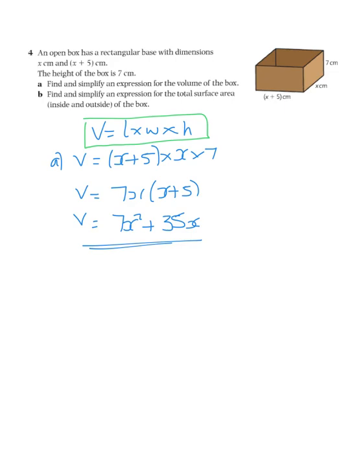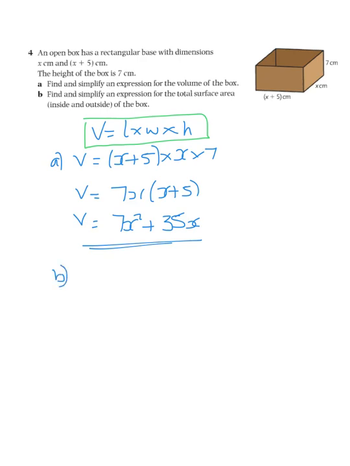Okay. So the surface area, we've got 5 faces. So if we work out the area of the outside of the shape and then multiply our answer by 2, we will get the total surface area.